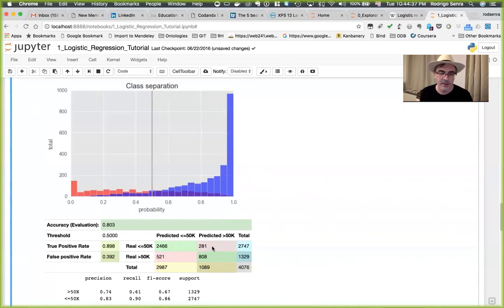For example, in this case, our current crystal ball, our predictive algorithm, has a higher number of false positives, because our positive class is low income. So we guessed low income, but it was high income. So we have 500 false positives.